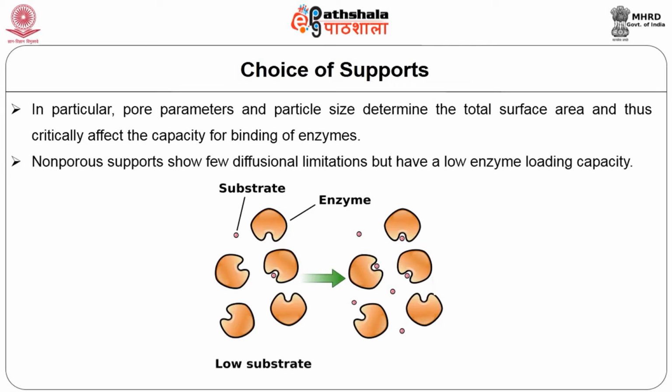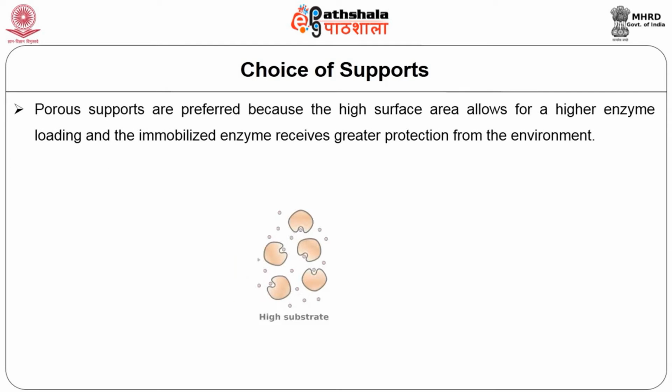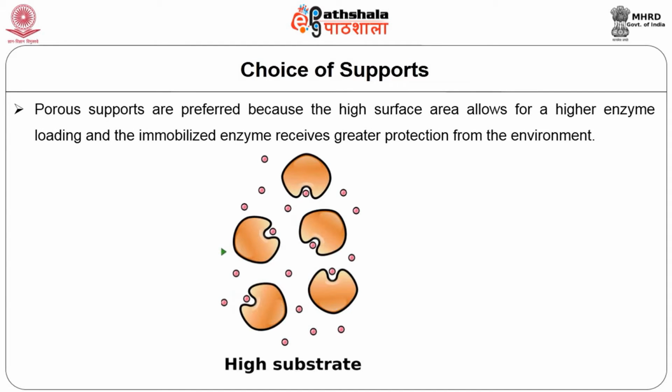Non-porous supports show few diffusional limitations but have a low enzyme loading capacity. Therefore, porous supports are generally preferred because the high surface area allows for a higher enzyme loading and the immobilized enzyme receives greater protection from the environment.